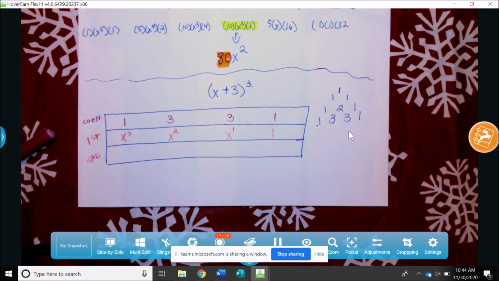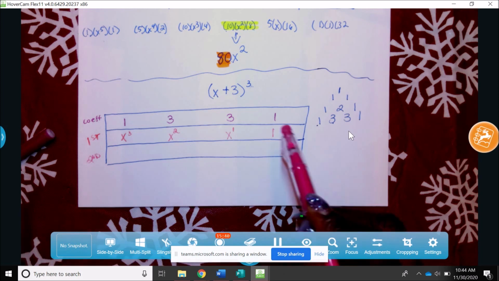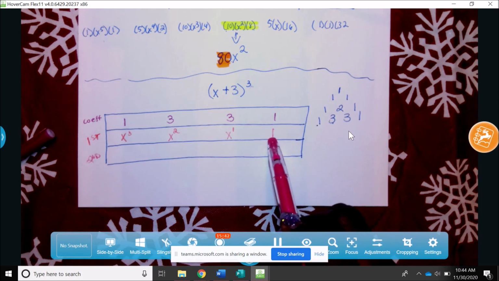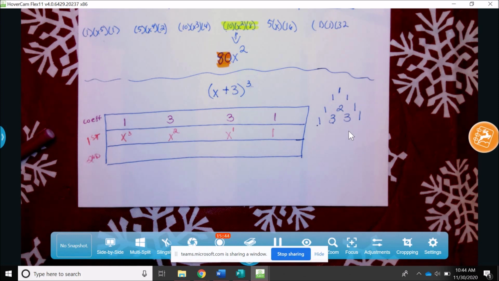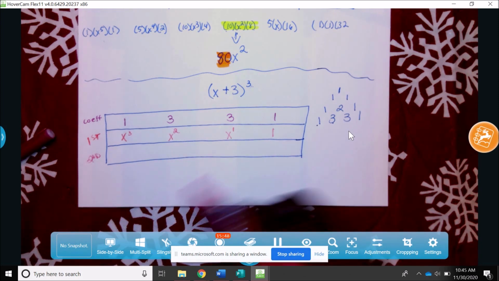Okay, so basically you just get your first number from your x, like you're just counting down. And then for your second you go to 3, then you go to 2, then 1. Yes. Okay. And then this is 0, but anything to the 0 power is 1. So 3, 2, 1, 0.